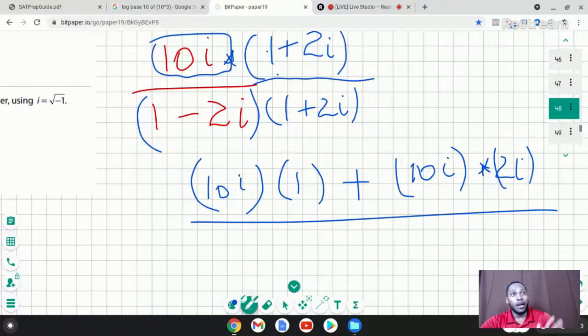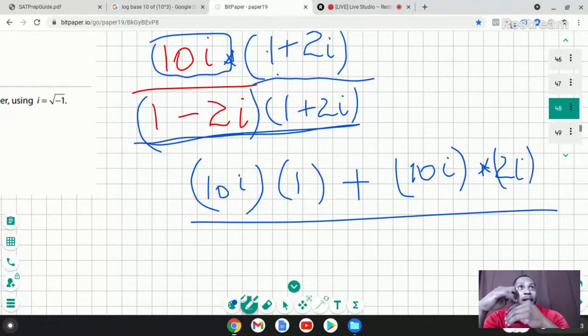And there are two ways we can find the value of the denominator. The first way is by using the distributive property. So multiply the 1 by this, multiply the 1 by this, and then multiply negative 2i by 1, and negative 2i by 2i. Now that's a long way to do it.